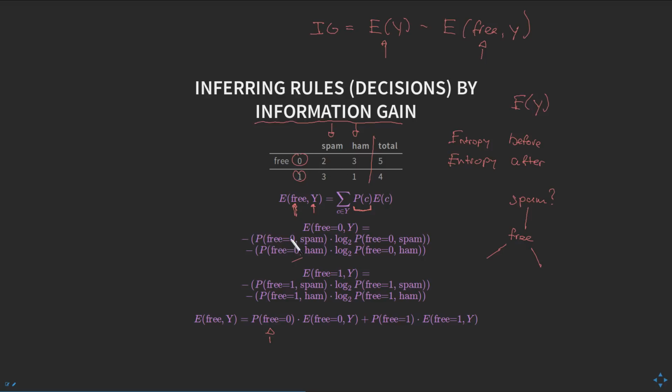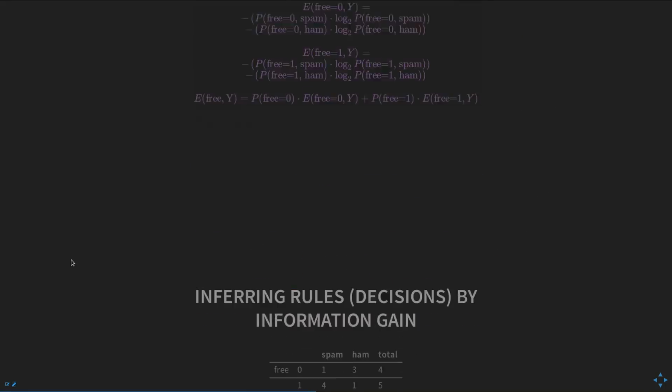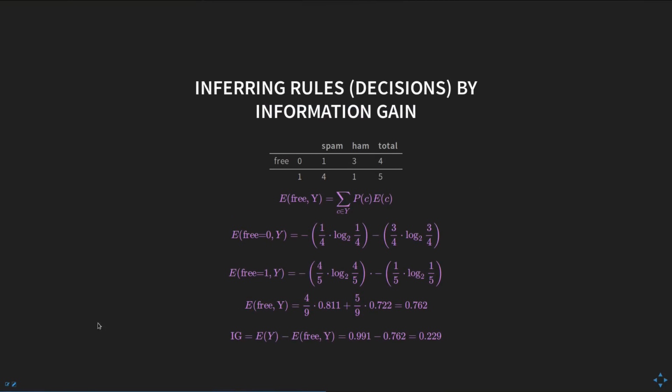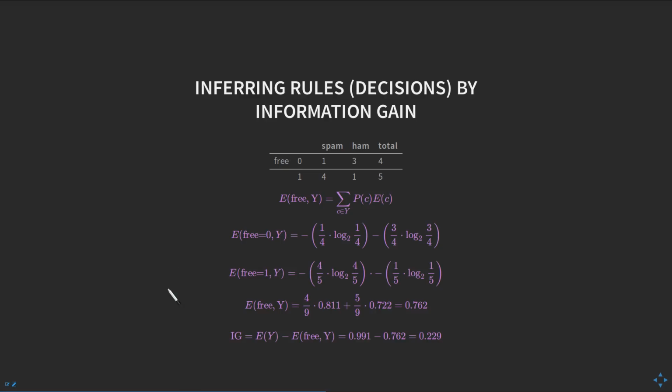So free 0 spam, we'll look up free 0 spam, so that will be 2 over the total, and the same for free 0 ham, that will be this one over the total, etc. So you can skip between the beginning and this slide to see where all the values are coming from, but we just fill it out as we go.